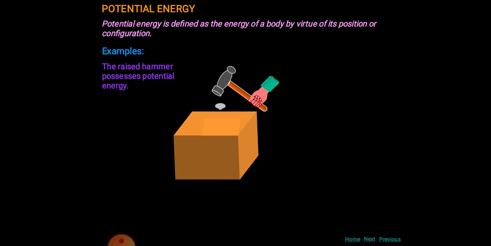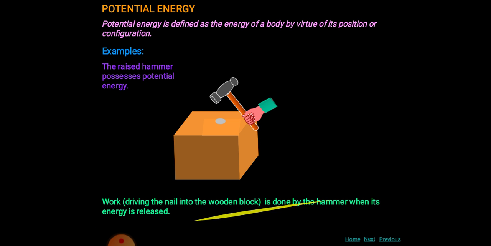Observe carefully: the work is done by the hammer when its energy is released. So the raised hammer possesses potential energy. And what is the definition of potential energy? The potential energy is defined as the energy of a body by virtue of its position.